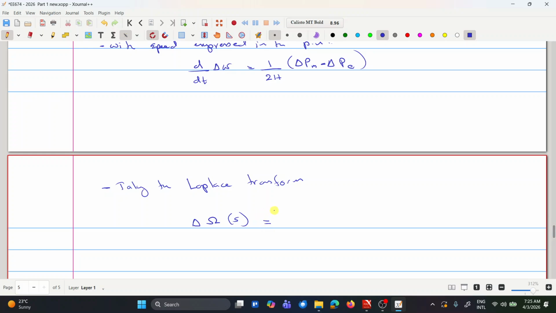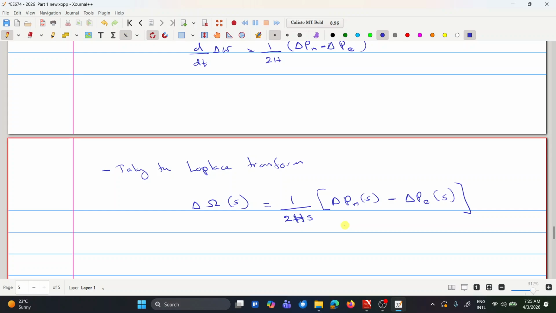The change of the speed is equal to 1 over 2 H s times delta Pm minus delta Pe in the Laplace domain.